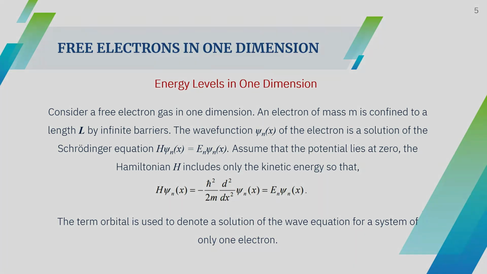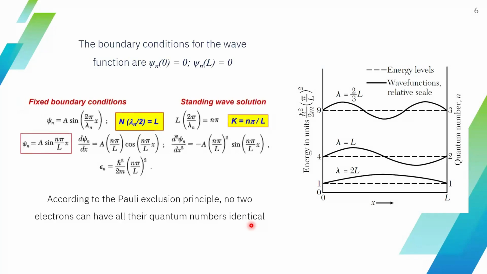This allows us to distinguish between an exact quantum state of the wave equation of a system of n interacting electrons, and an approximate quantum state, which we construct by assigning the n electrons to n different orbitals, where each orbital is a solution of the wave equation for one electron, as we discussed earlier.